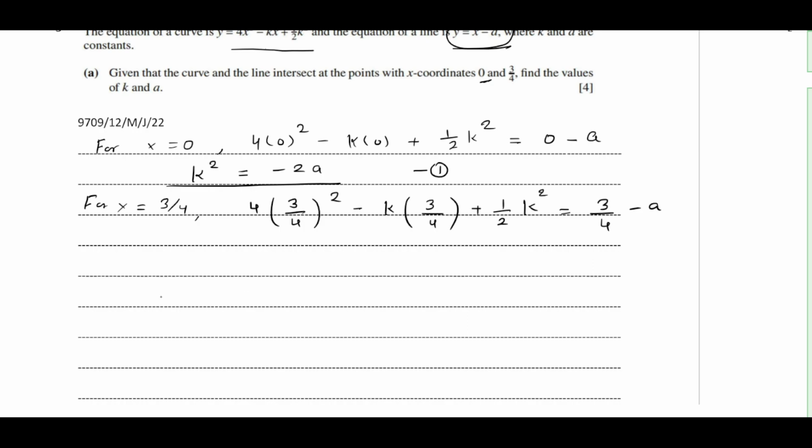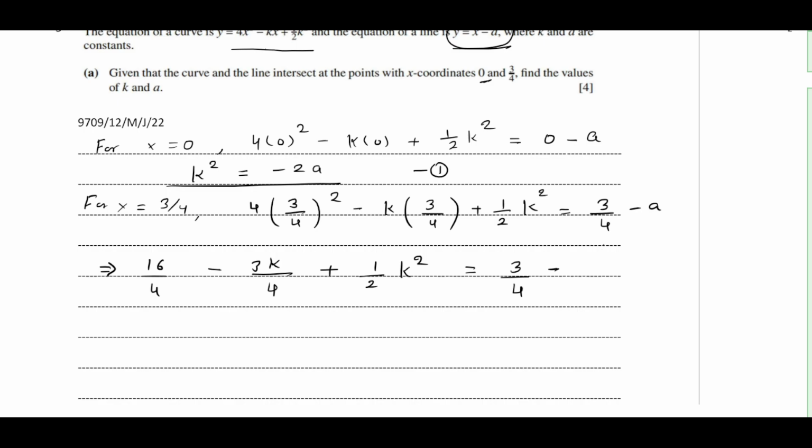Okay. So therefore, we will solve this. It is 4 times 9 divided by 16, so it is 9 divided by 4, minus 3k divided by 4, plus half k square, will be equal to 3 by 4 minus a.